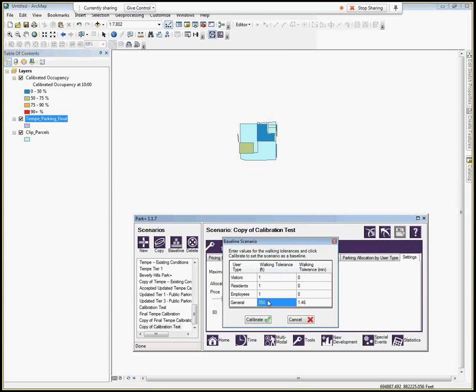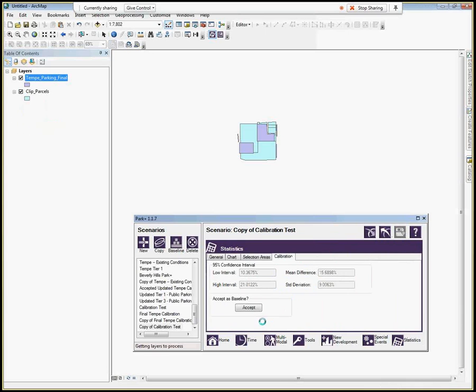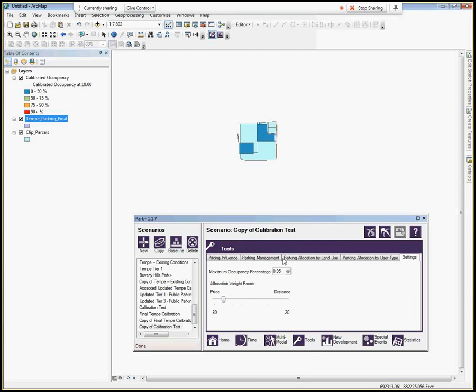Nope, let's go back to 500. So we should see a pretty good production here. So now we're back down to 12 and 9 basically. And let's see what happens if we bump that up to 100%.